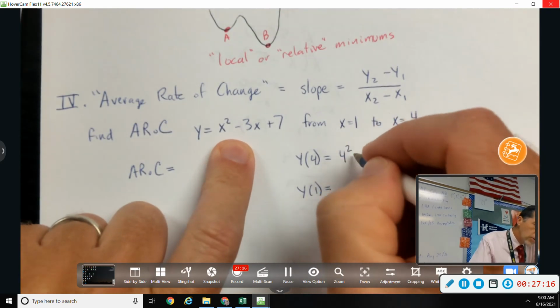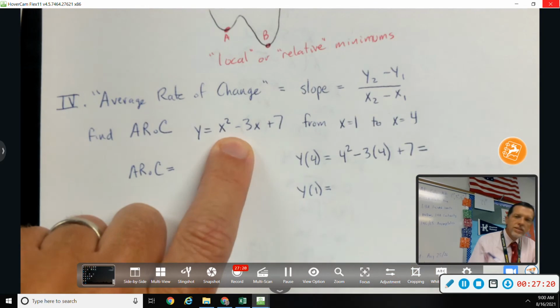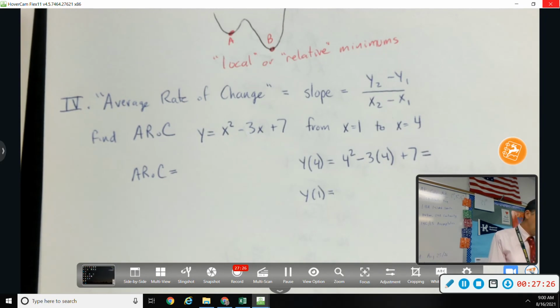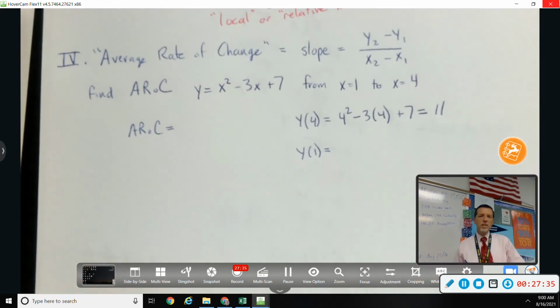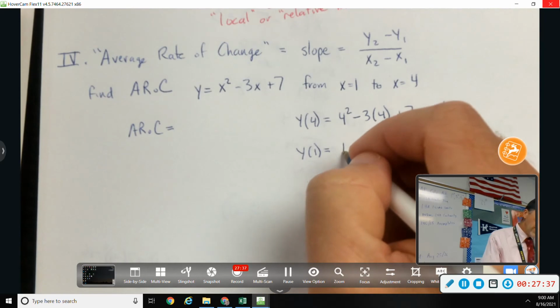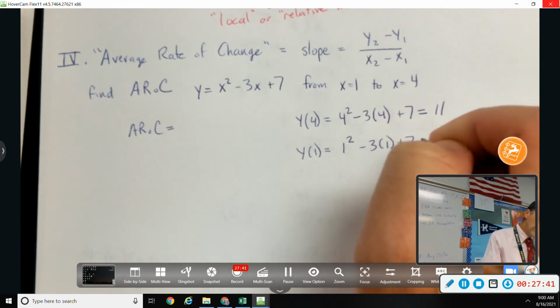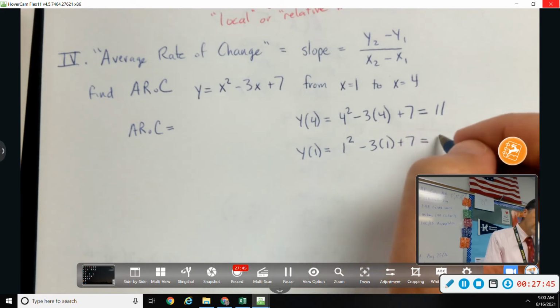So 4 squared minus 3 times 4 plus 7. And again, you'll have a calculator for this, so you don't mess up something simple. So that's 11. Y of 1 is 1 squared minus 3 plus 7. So negative 2 plus 7 is 5.